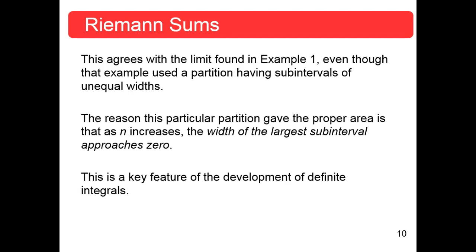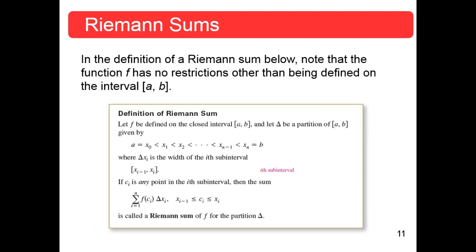So that's the key. As n goes to infinity, even the biggest subinterval is going to go to 0. This is a key feature of the development of definite integrals. The delta x's are always going to 0, just like in differential calculus, the denominator was going to 0. Can't do it, but as it approaches it, that's where we're going.